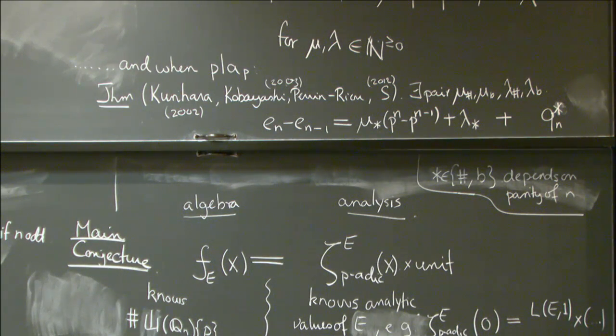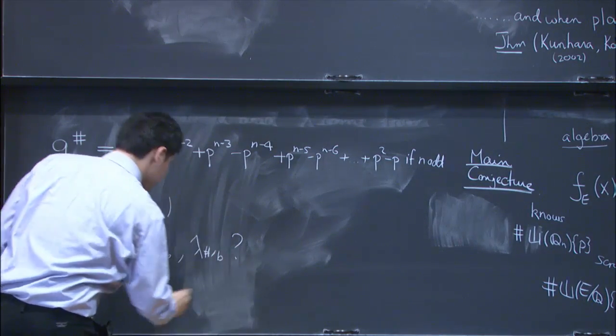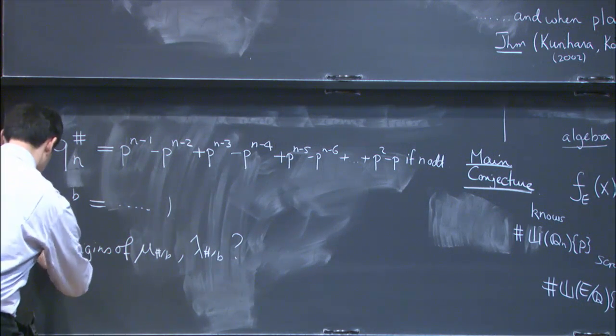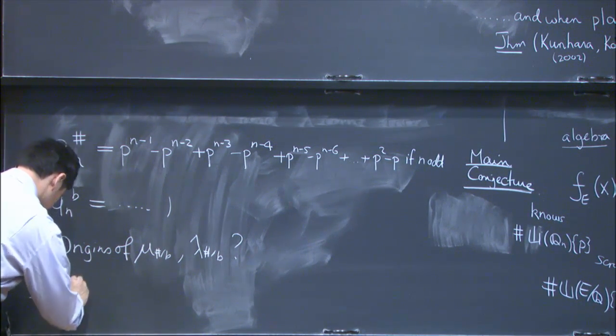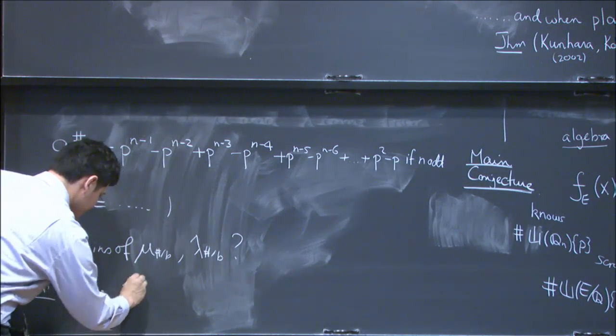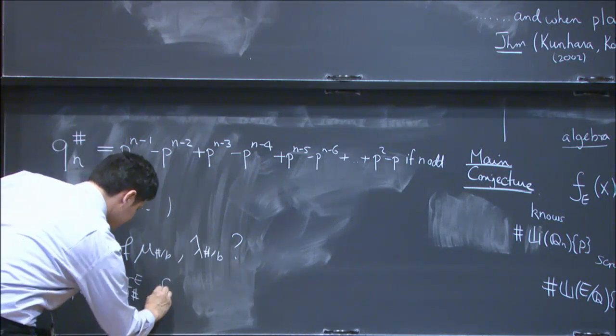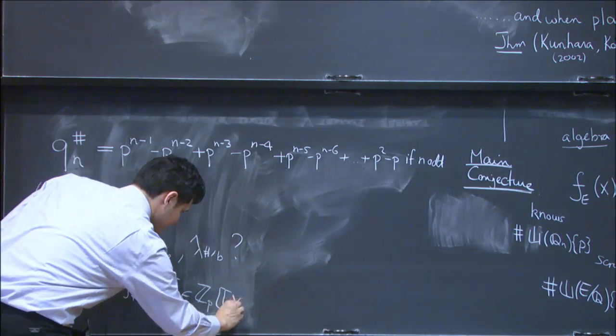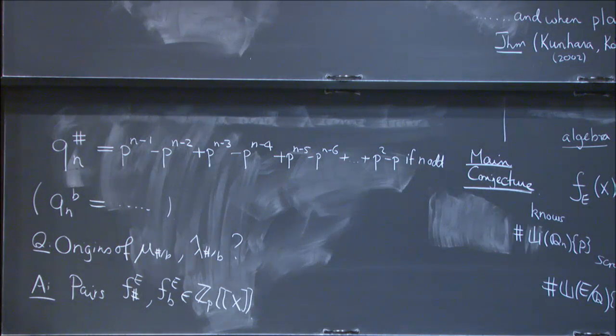So we can again ask ourselves the question, well, where do the constants come from? The origins of mu sharp, mu flat and lambda sharp, lambda flat. It turns out they come from pairs of power series. So some power series F sharp associated to E and F flat associated to E. So again, they're power series inside this slightly crazy ring, Z_p[[X]].